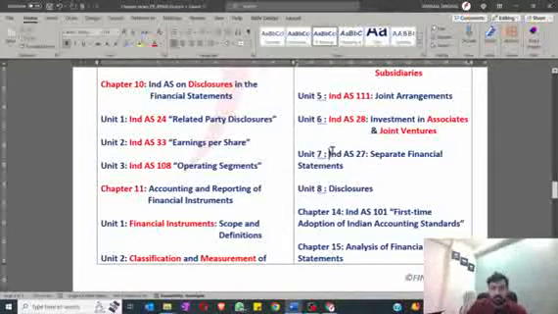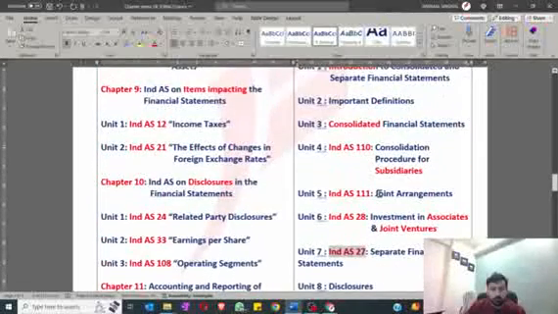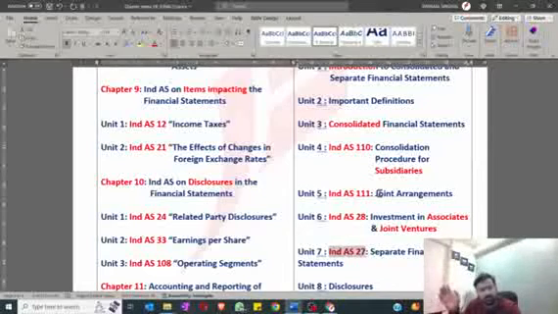Now comes Ind-AS 27. So let me clarify. Basically, when one company makes investments, it may take the other entity into its control. If it takes another entity into its control, it is known as a subsidiary, and the consolidation procedure of subsidiaries is covered in Ind-AS 110. And if it hasn't taken the other entity into its control, say it is an associate or a joint venture, those are also investments.